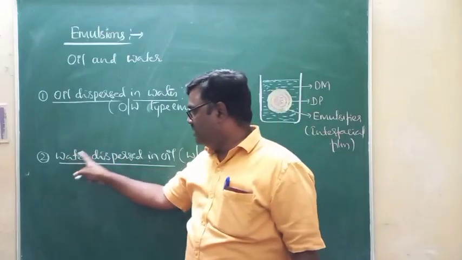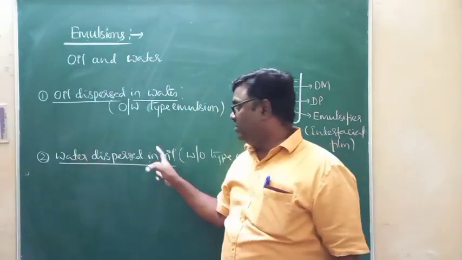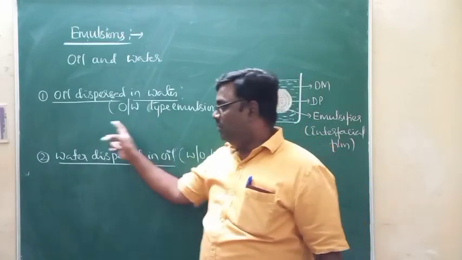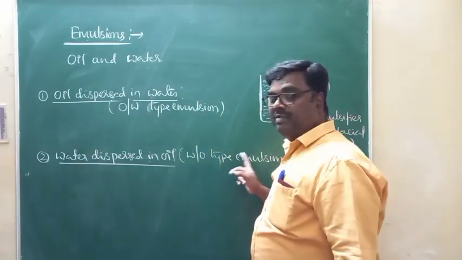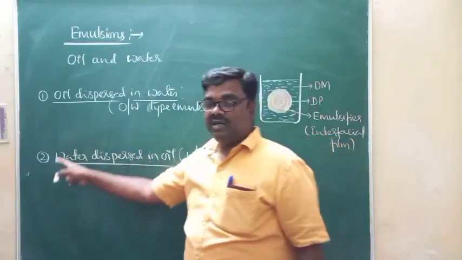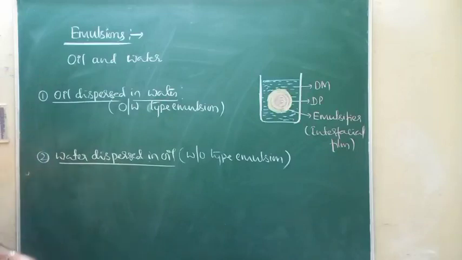Whereas in water dispersed in oil type emulsions, oil will be in larger proportion and water in smaller proportion. That is, oil is the dispersion medium and water is the dispersed phase. So these are the two types of emulsions.